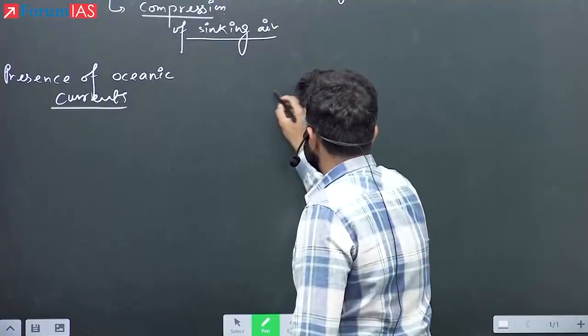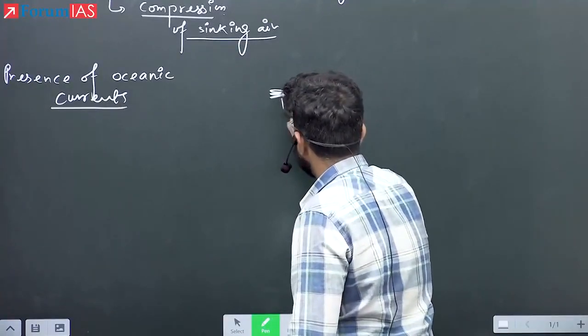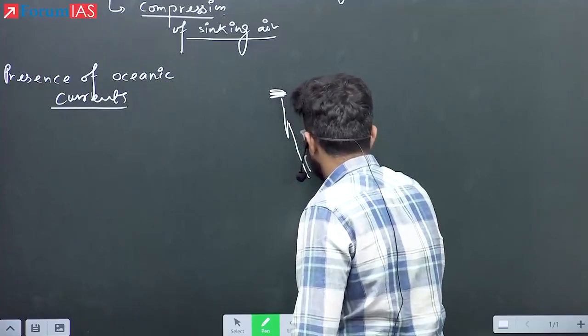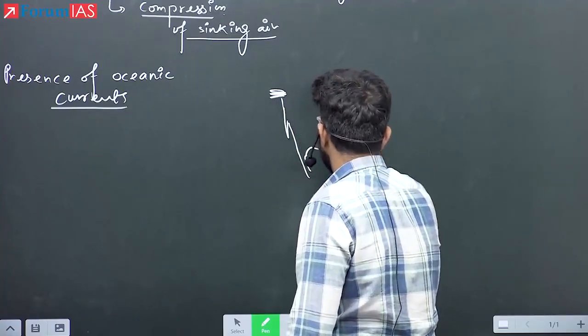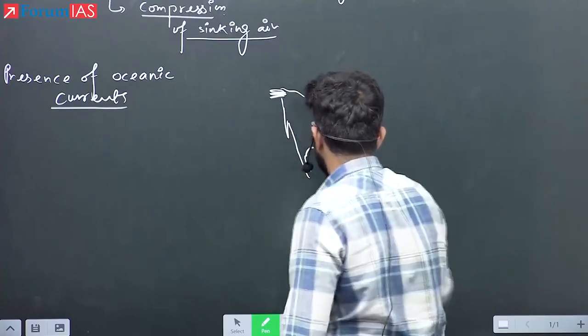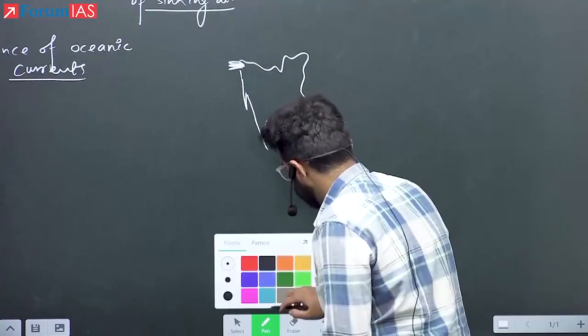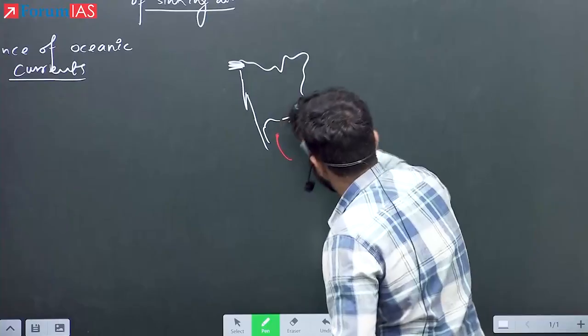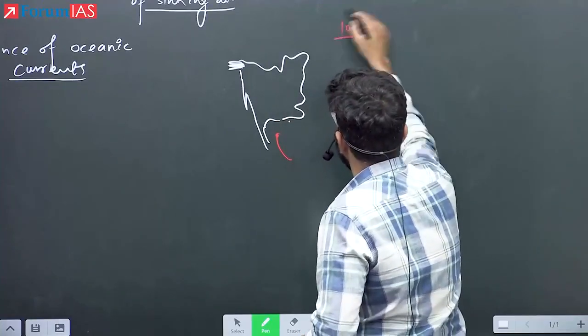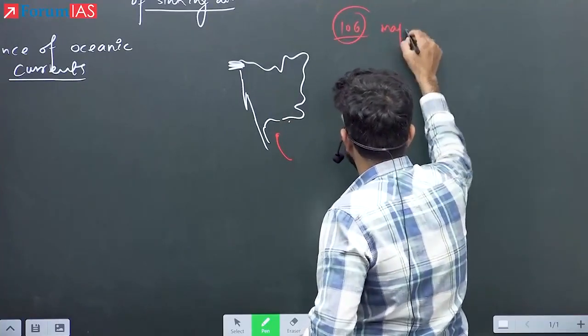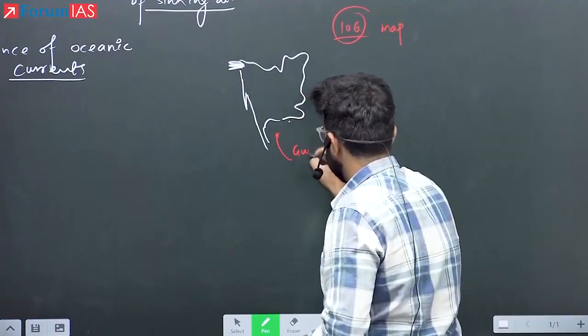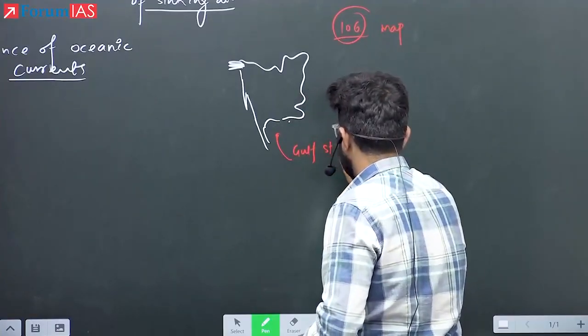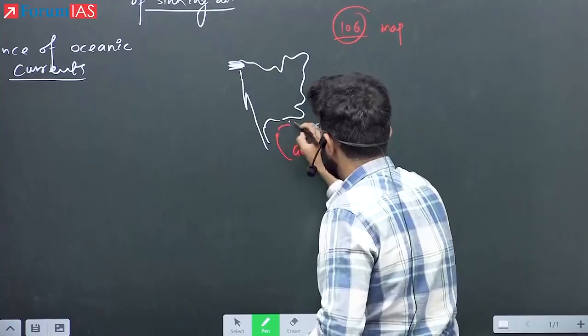For example, this is your America. Here, what is the stream which is flowing here? Go to page number 106, the map is there. The presence of the Gulf Stream is here. Gulf Stream is a warm current.